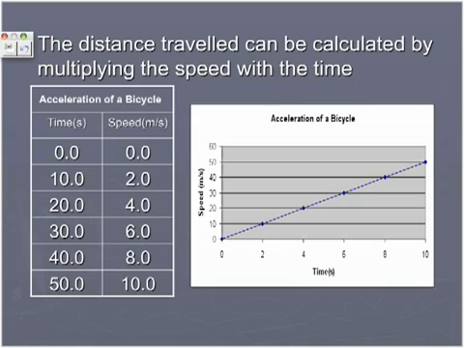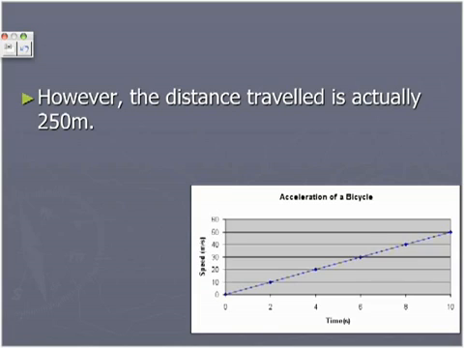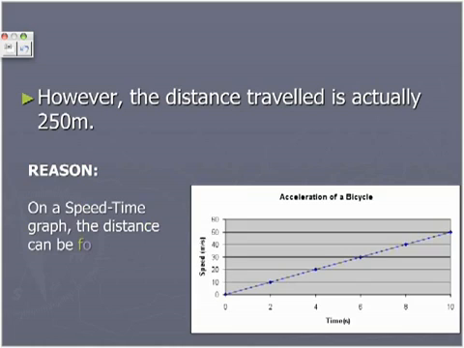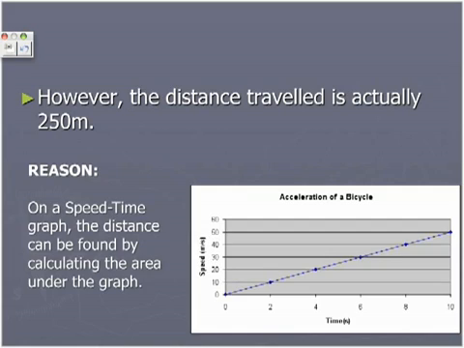So, if we look at the following, the distance traveled can be calculated by multiplying the speed with the time. That's what we said, right? delta D is equal to V times delta T. But the distance traveled for the same object is really 250 meters, because on a speed time graph, the distance is found by calculating the area underneath the graph.